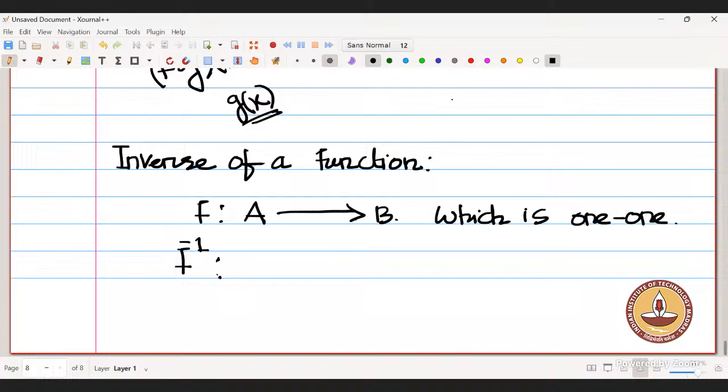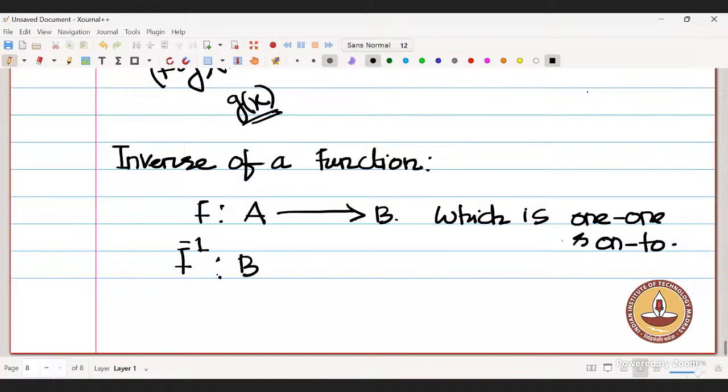Not B to A, actually. If I assume that this is also onto, then I can say that this function is from B to A. So let's say this function is 1-1 as well as onto.